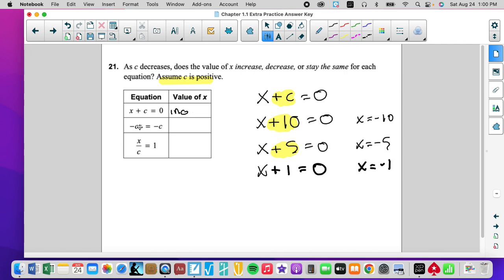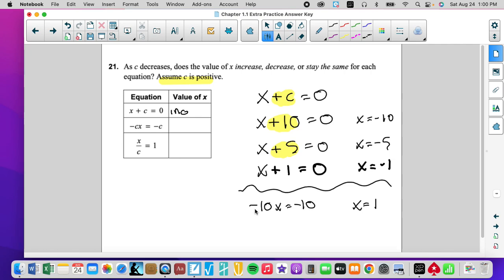Let's look at this next problem. Negative c times x equals negative c. So if we say, let's do negative c, so negative c is a positive number. Let's do 10. X equals negative 10. So what does x have to be? Well, x has to be 1.